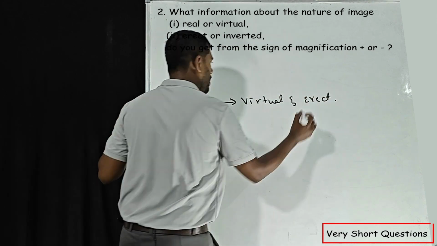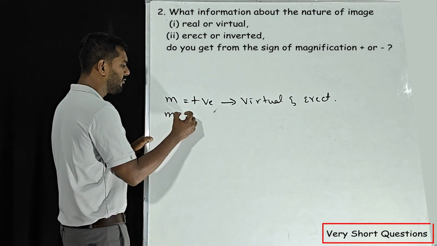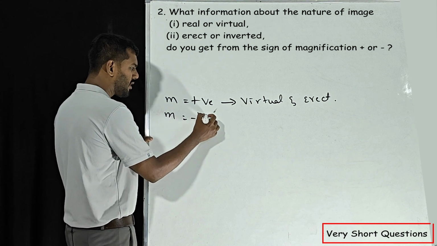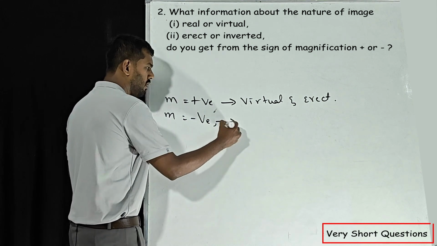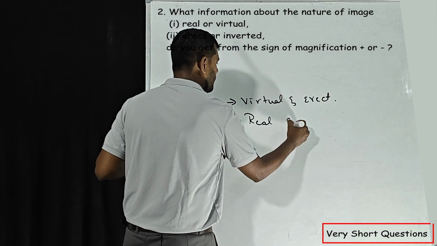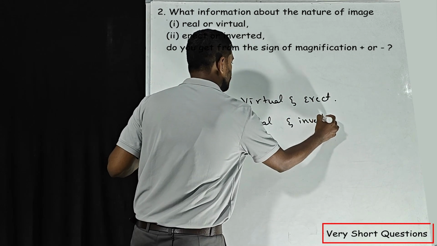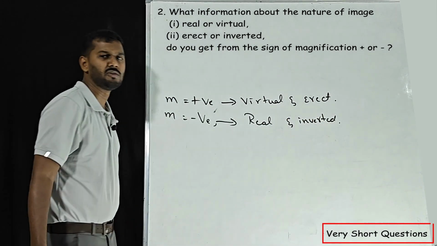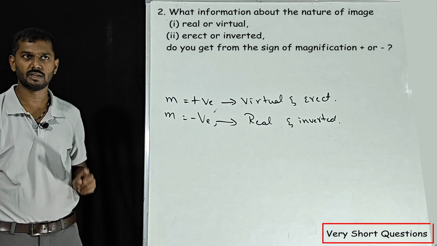If the magnification is minus or negative, the image will be real and inverted. This information you should know. Based on this one, we are going to write the answer.